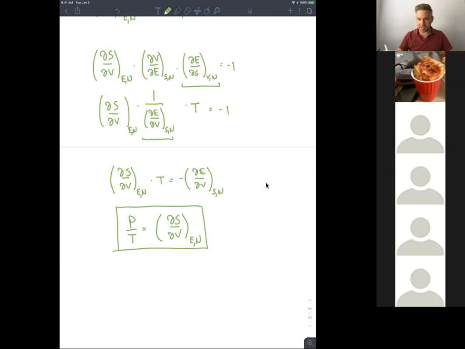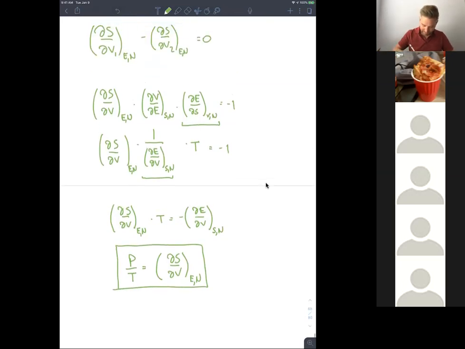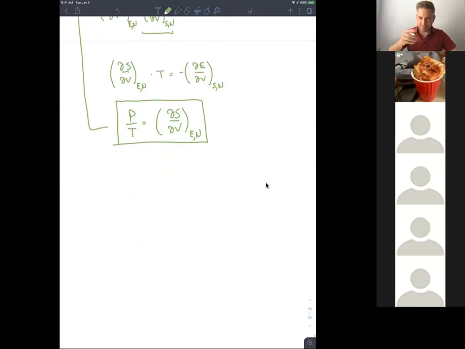We know the temperatures of the two are equal, so now we take this expression and plug it back into this relationship between the two subsystems that we derived from taking this differential. So we get that the pressure over the temperature of one subsystem minus the pressure over the temperature of the other has to equal 0.